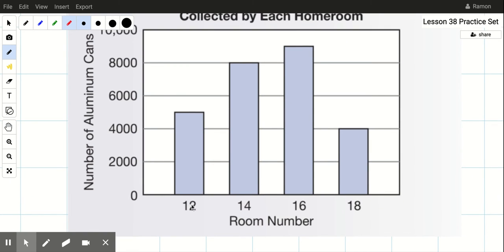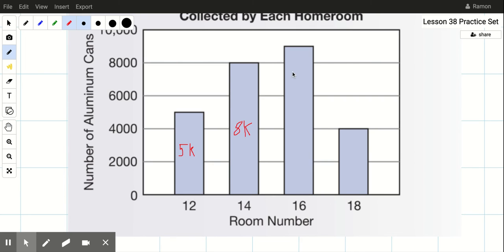Looking at the graph, room 12 looks like they collected about 5,000. Room 14 goes all the way up to 8,000, and I'm using K for 1,000 mainly because it's a chore to write down all those zeros using this computer.